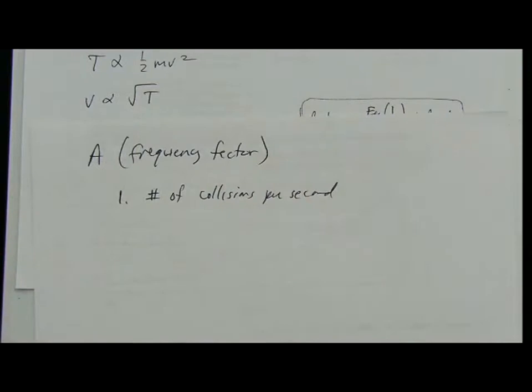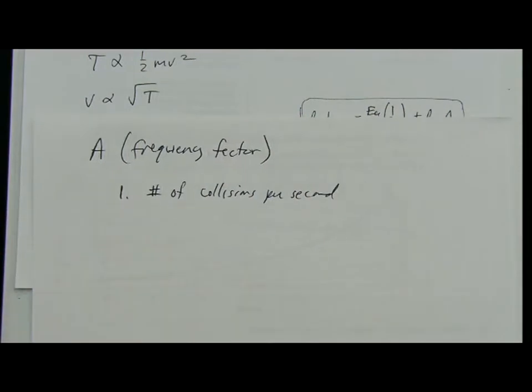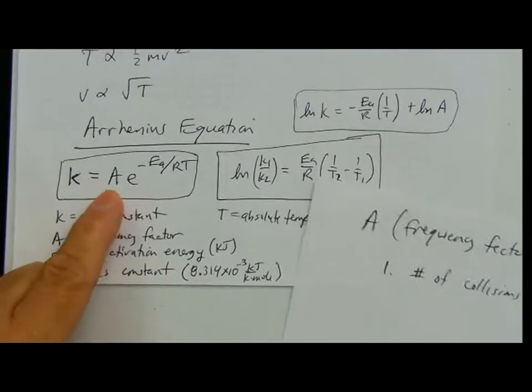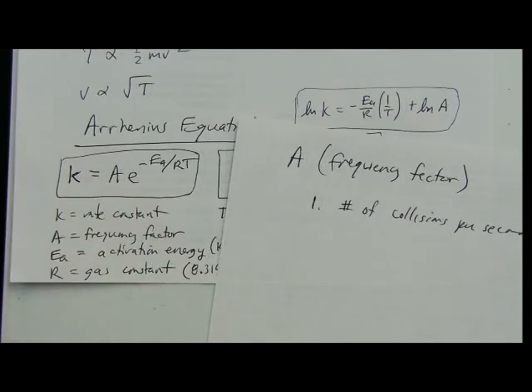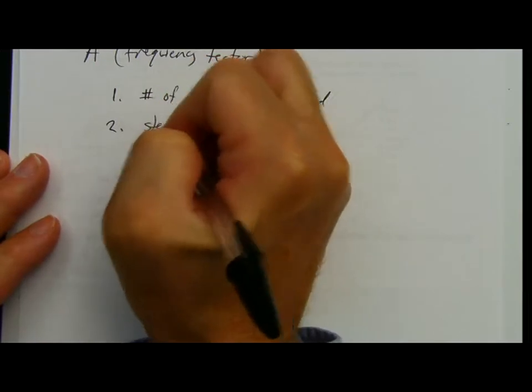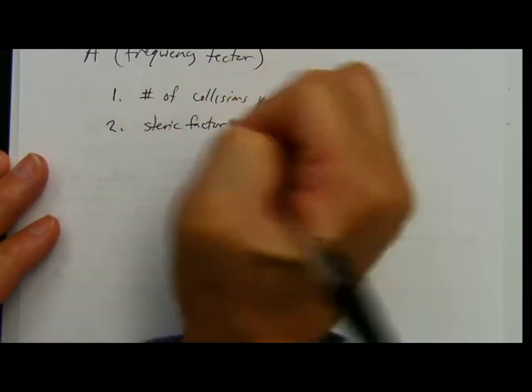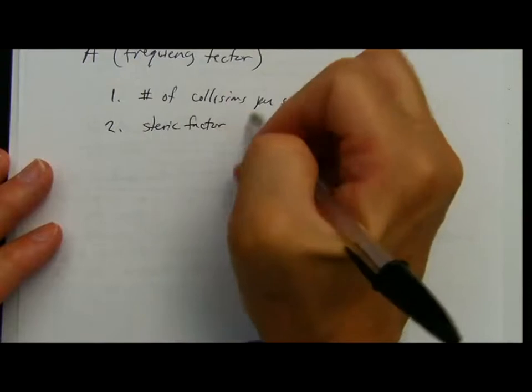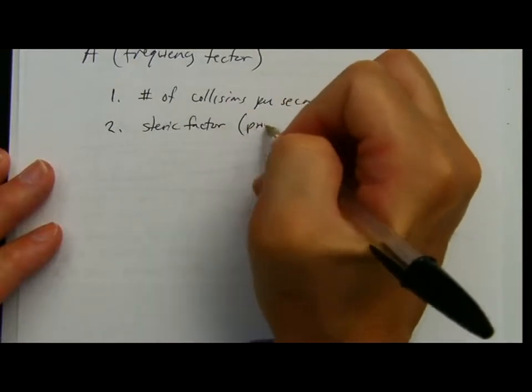So A takes into account how many times things collide. The more times things collide, the higher the rate's going to be, so that is directly proportional to the collision rate. But then it also depends on what's called a steric factor, which simply is a way of saying proper orientation.